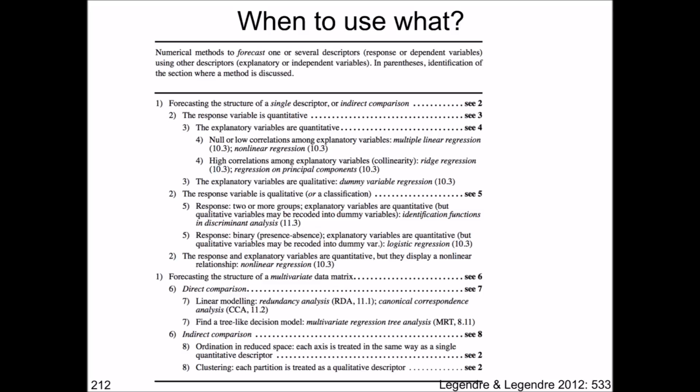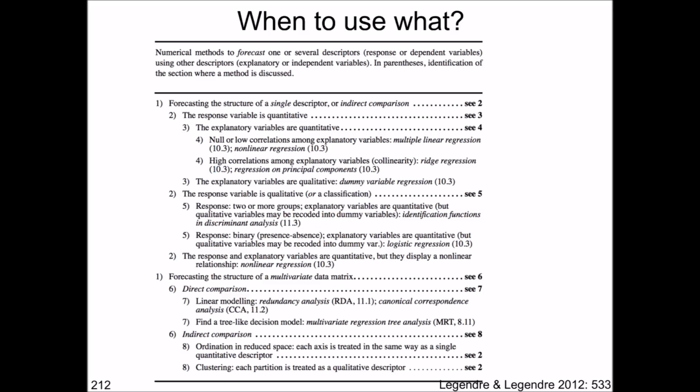You will see that several of the techniques and methods that are suggested here we have already used or discussed in the course. For example, if you follow in the upper key forecasting the structure of a single descriptor, then we turn to 2 because we have a response variable that, let's assume, is quantitative.